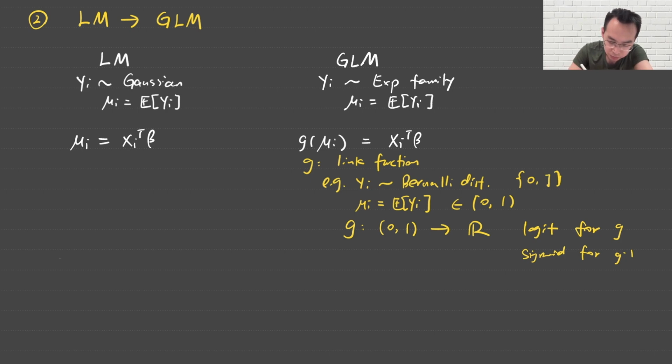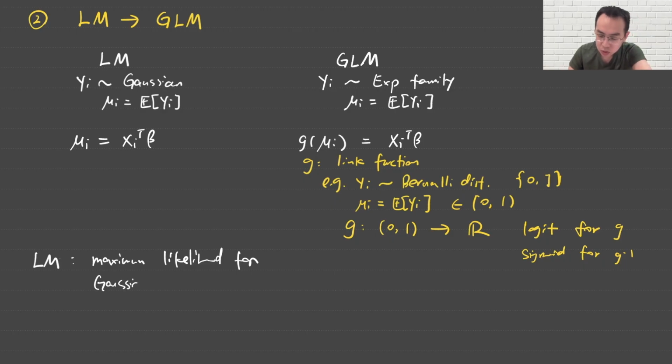The GLM can also be solved with maximum likelihood, so it must be solved with MLE. But the difference is that for the linear model, we can solve it in closed form, so we get beta hat equals x transpose x inverse x transpose y. So we have the closed form for Gaussian, but for the GLM, we don't have that.